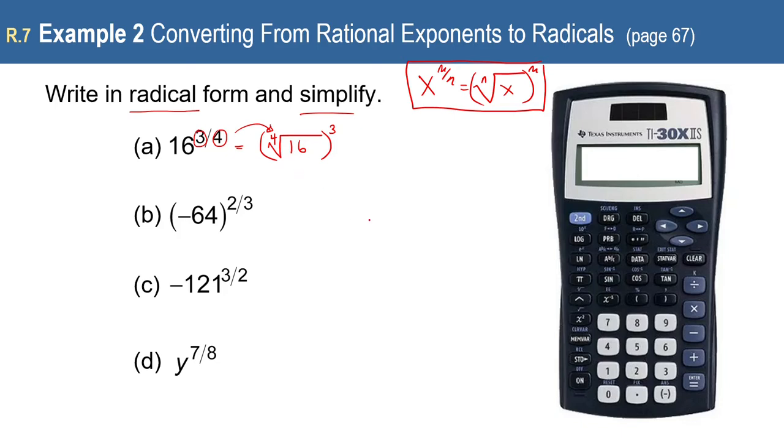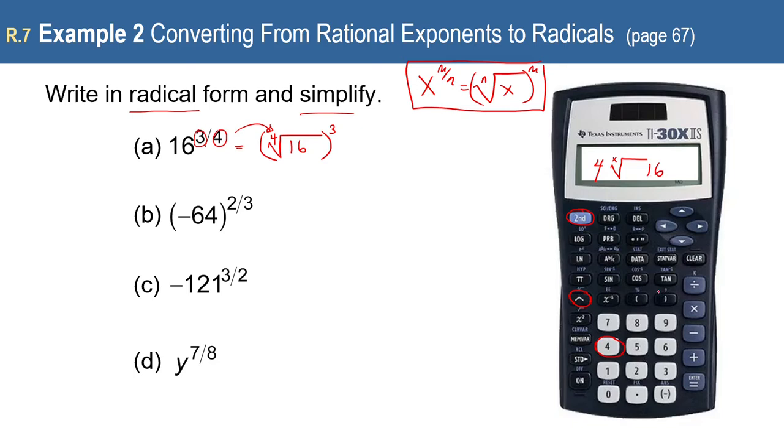To do that, you'll enter 4, press the second button, then the caret button. What you'll see is a 4 and this tiny little x inside a radical. This 4 is saying this is the fourth root of, and we'll enter 16.